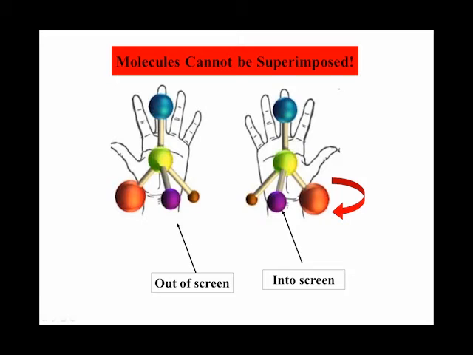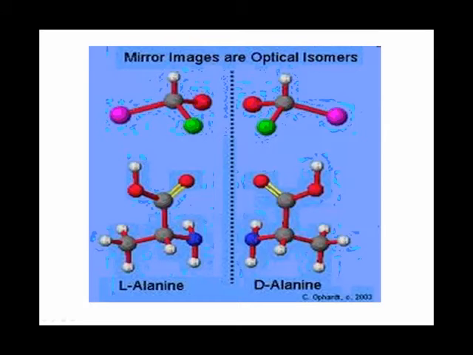Although at first glance it looks like they could be superimposed or aligned, they really can't be. Here are some other examples of mirror image molecules, so to speak, or enantiomorphs. They are also referred to as optical isomers. Stereoisomers kind of says the same thing.